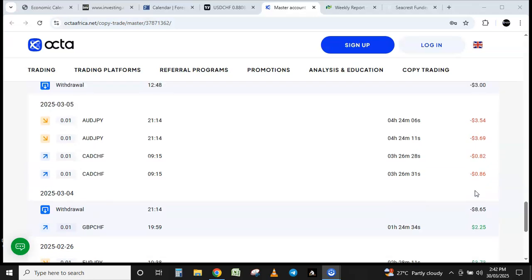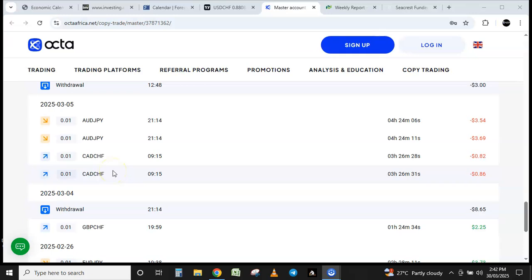Then the second trade was taken on the 5th, which was a buy trade on CAD. These two trades turned out slightly negative because there was incoming data.